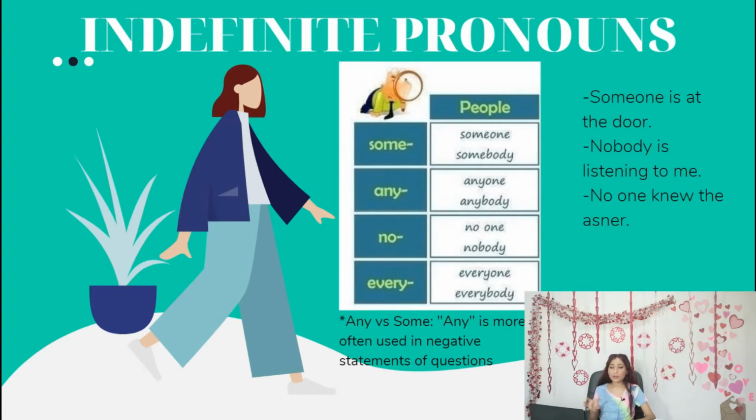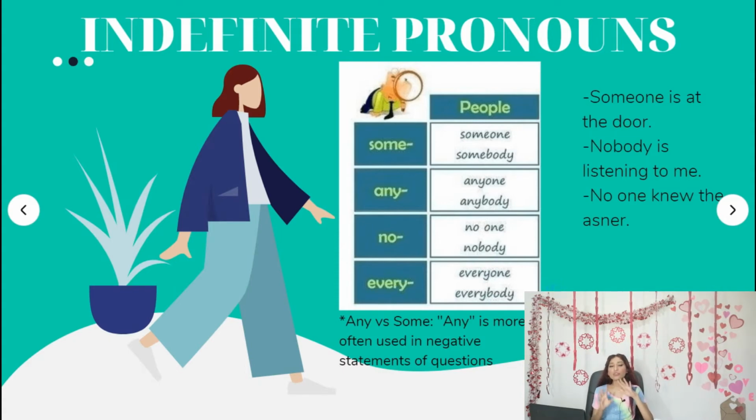If you don't have this, it might be difficult for you to do the activities, because you won't know all the indefinite pronouns that there exist. So as I was telling you: someone, somebody, anyone, anybody, no one, nobody, everyone, everybody.